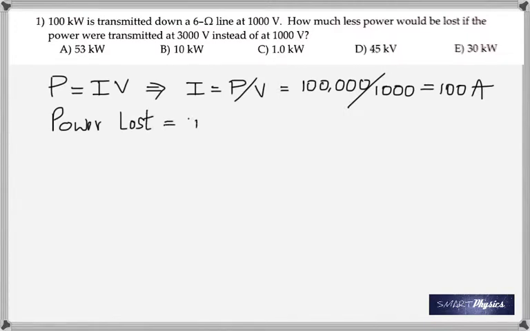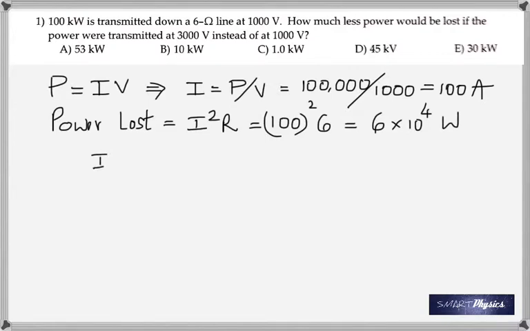And therefore the power lost is generally in the form of heat, which is I squared times the resistance. So 6 times 10 to the power 4 watts is lost.